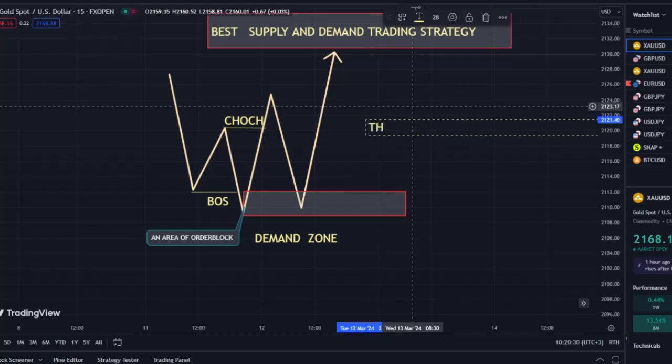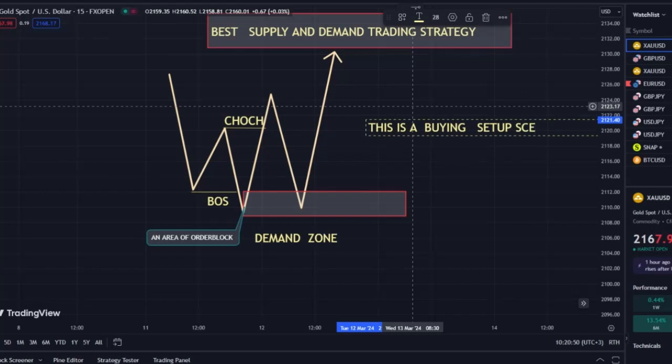We are seeing this as a buying scenario. When are we supposed to take a buy using the supply and demand trading strategy? Remember, I have to first show you the scenario for buying, so that you can see that you can get an entry anywhere. So guys, this is a buy scenario.